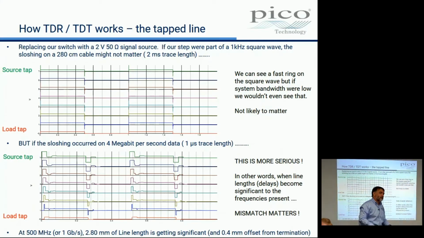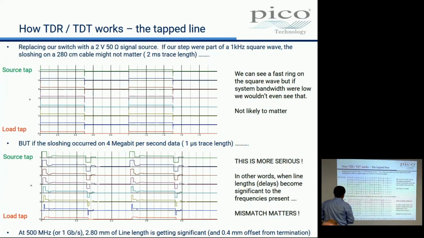So those spikes don't hurt anything when we're doing like an audio amplifier or a TV signal at megahertz or whatever. They don't really do anything. But here I've gone up to 4 megabit per second data. Now that's quite slow data actually, 4 megabit per second data. It really isn't very impressive data in a cable this long, is it?